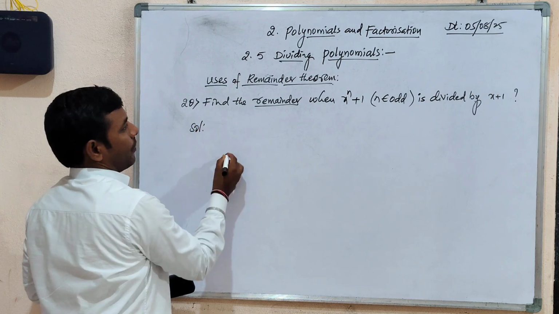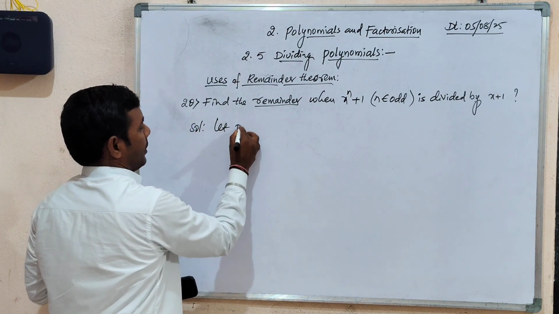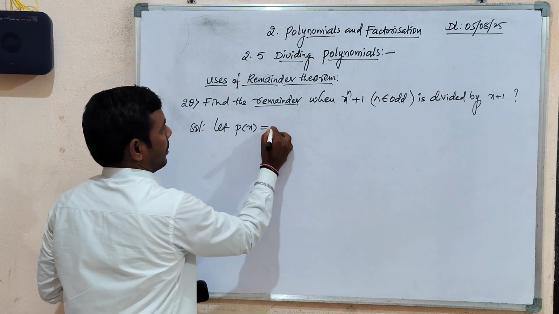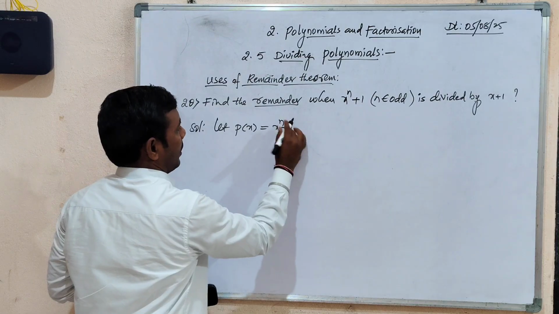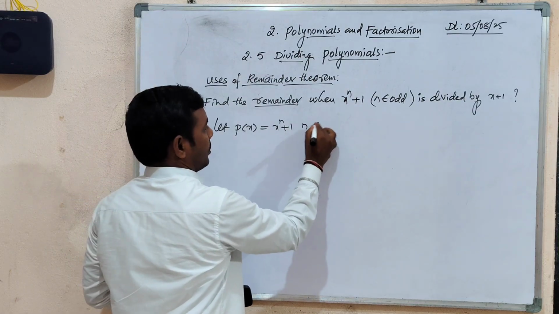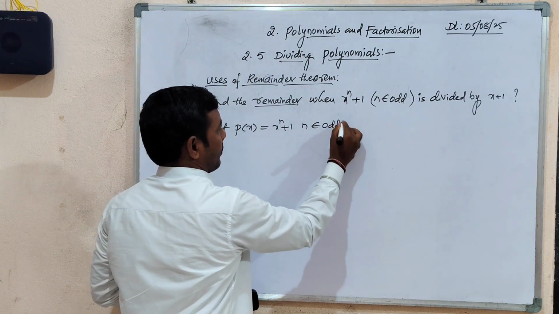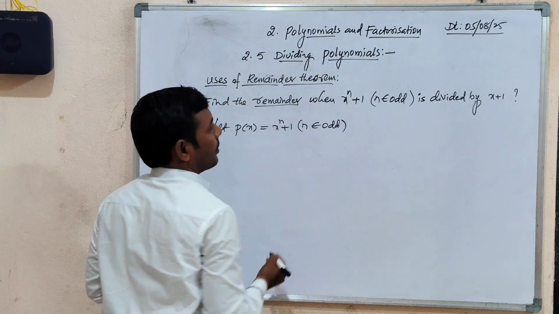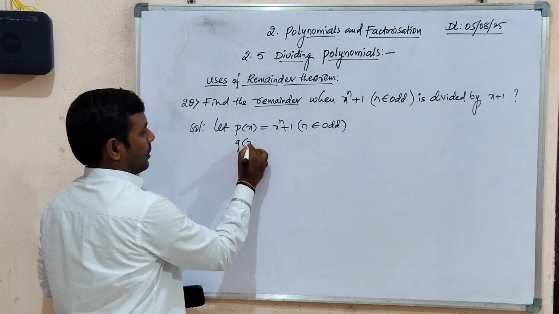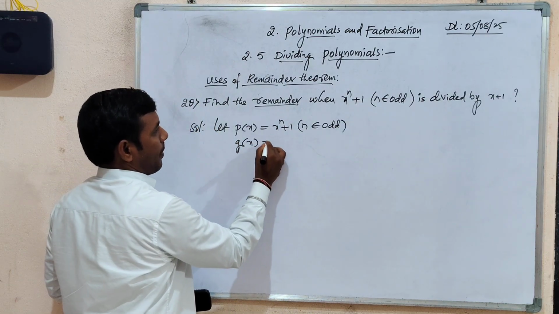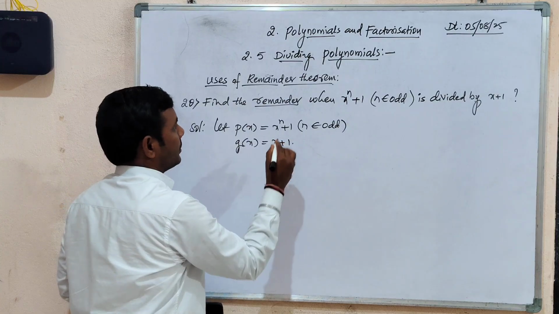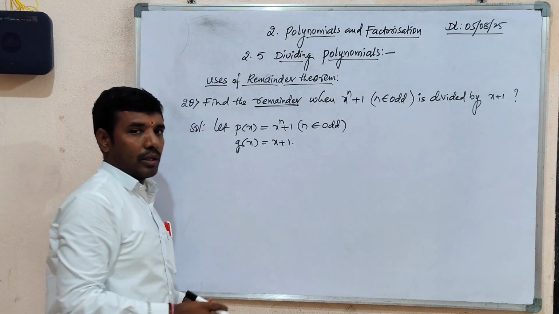Carefully observe. Here let P of x is equal to x power n plus 1, where n belongs to odd numbers. Now g of x is equal to x plus 1. Again he is asking to find the remainder.